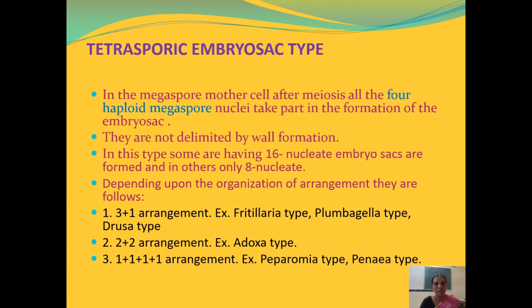Next one, tetrasporic embryo sac development. In the megaspore mother cell, after meiosis, all 4 haploid megaspore nuclei take part in the formation of the embryo sac structure. They are not delimited by wall formation in the tetrad of megaspores.